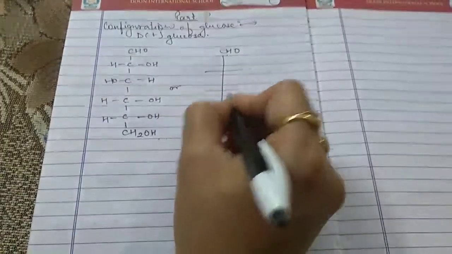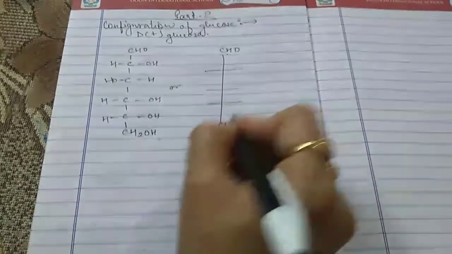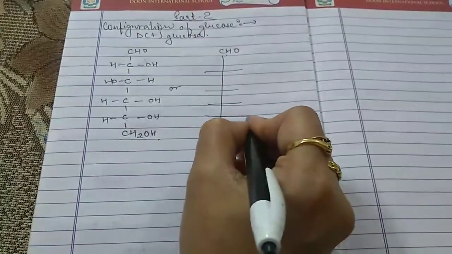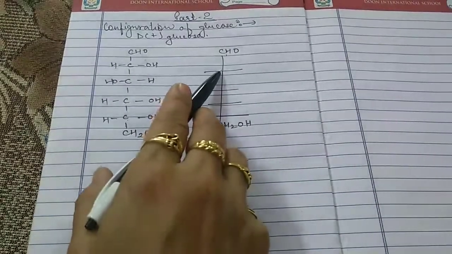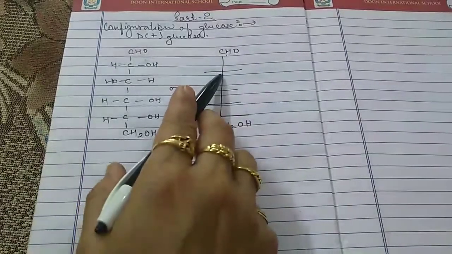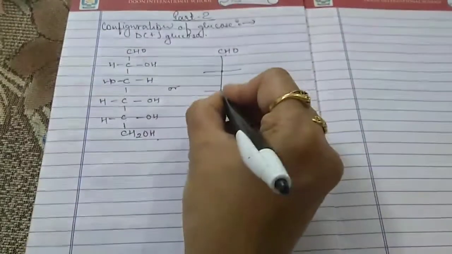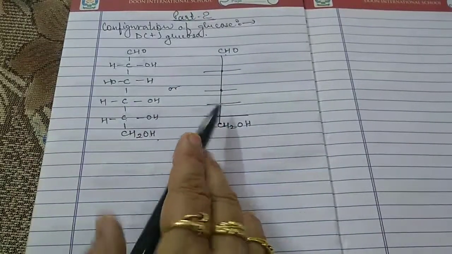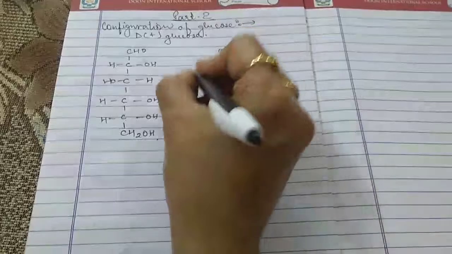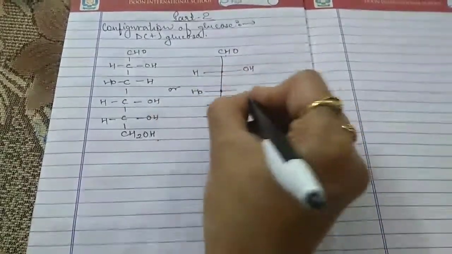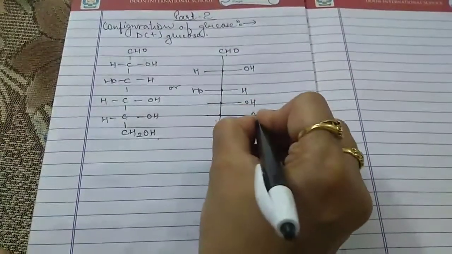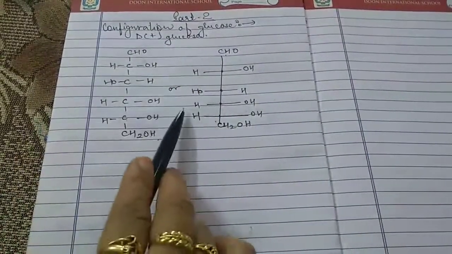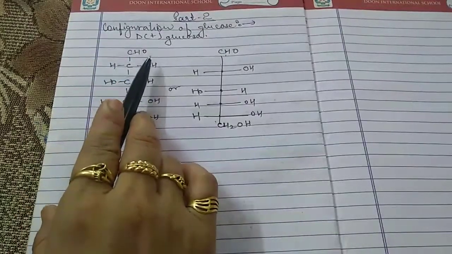Now 1, 2, 3, and one more is there, that is the fourth one, because these dots show the presence, or the position, of the carbon atoms. So here OH, H, here OH, H, OH, OH, H, H. So these two are the structure or the configuration for the glucose.